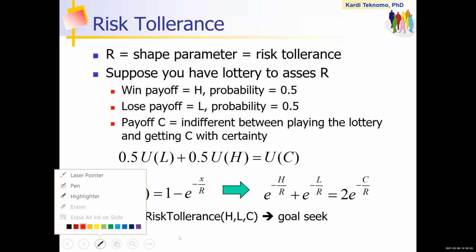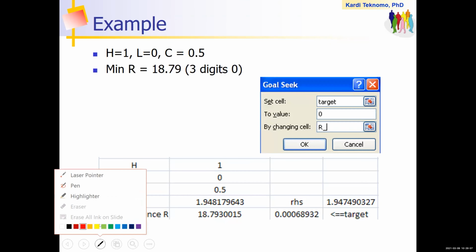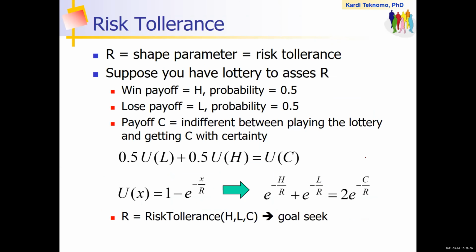So this is the formula that you will use. The left-hand side is exponent of minus H over R plus exponent of minus L over R. The right-hand side is 2 times exponent of minus C over R. Okay?